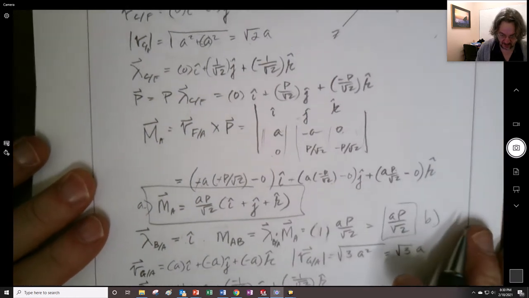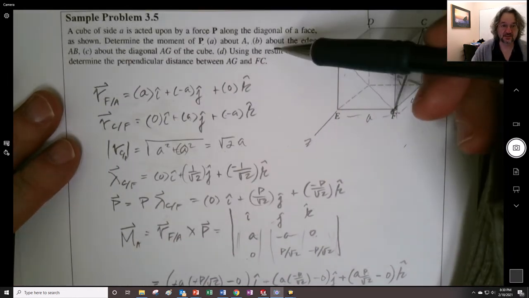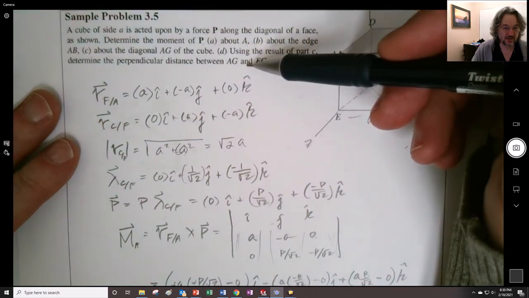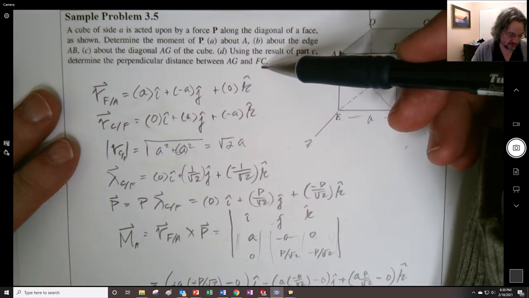And the last part of this says, using the result of part C, determine the perpendicular distance between AG and FC.